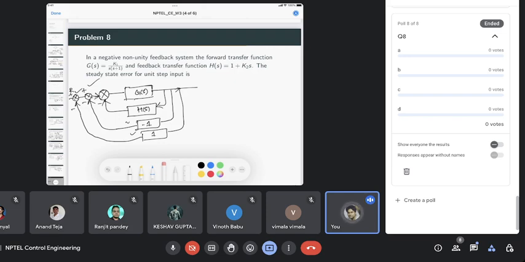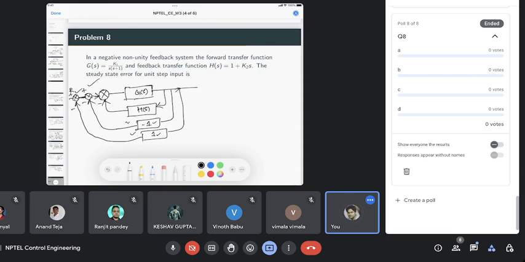I am adding and subtracting the same signal here. Why we are doing this will be clear. First, is it clear? I hope the first step is clear.